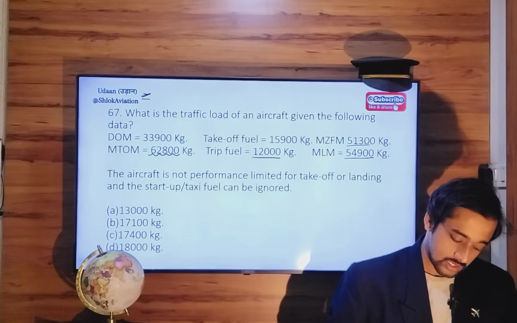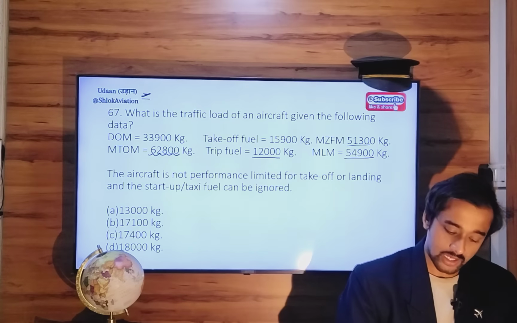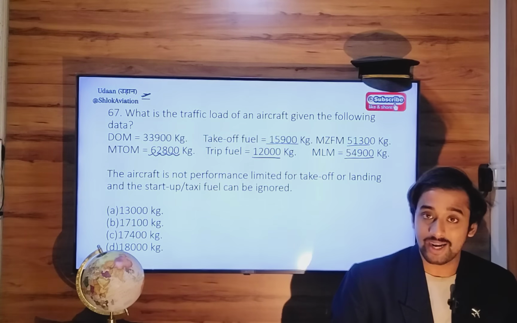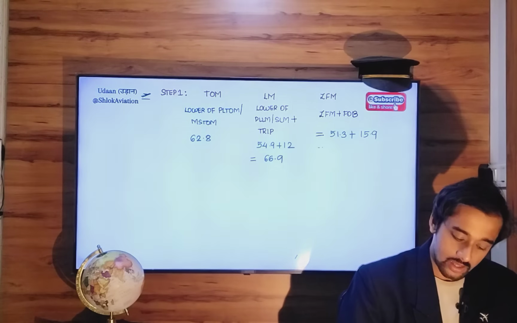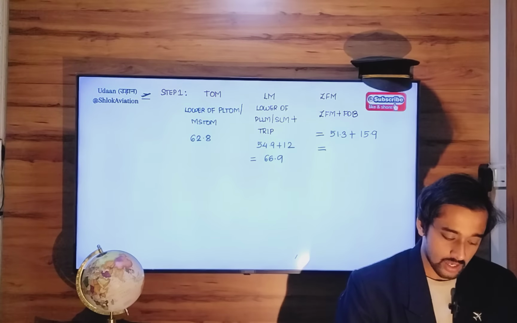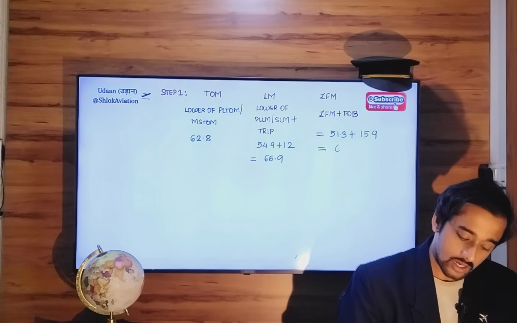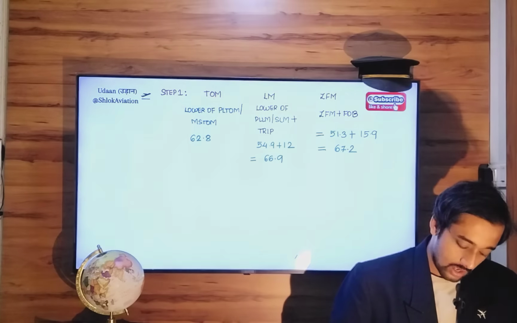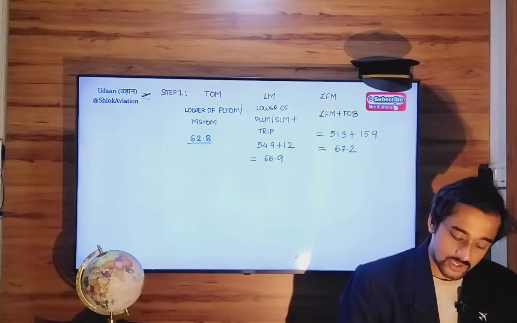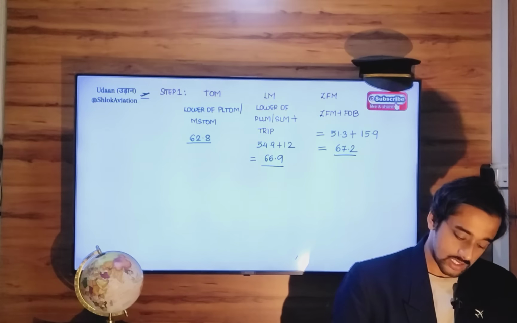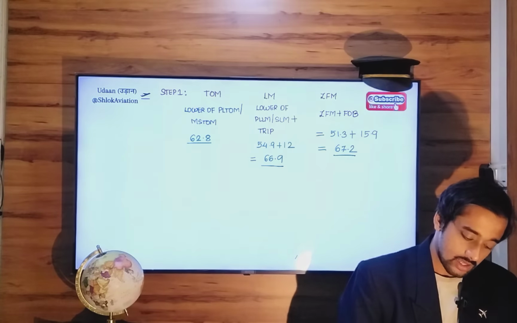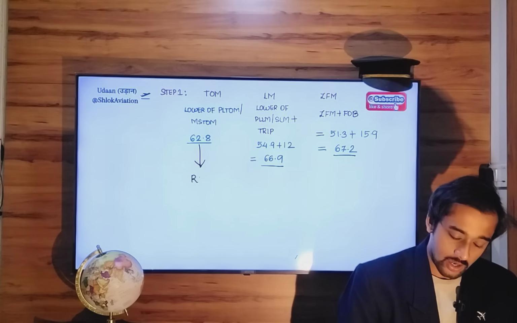Fuel on board, also known as takeoff fuel, is 15,900, so 15.9. 51.3 plus 15.9 is 67.2. Out of these three values, we have to select the lowest of all, and that value is 62.8, and this becomes our regulated takeoff mass.